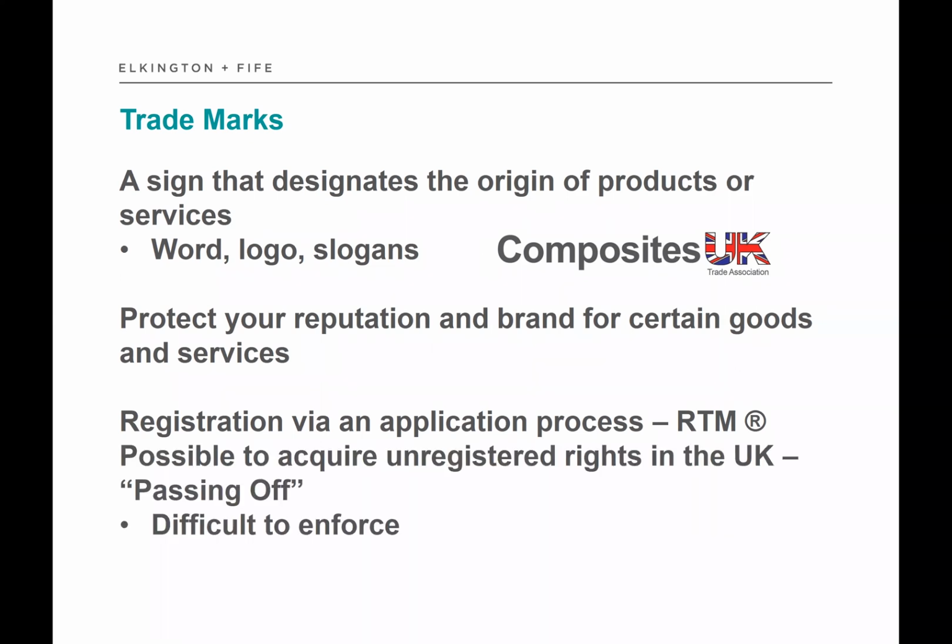The other way is by passively acquiring rights. So if you've been using a name, you will be passively acquiring rights in it. However, it really isn't as strong, and it can be very difficult to enforce. So the take-home message is, where possible, consider registration.